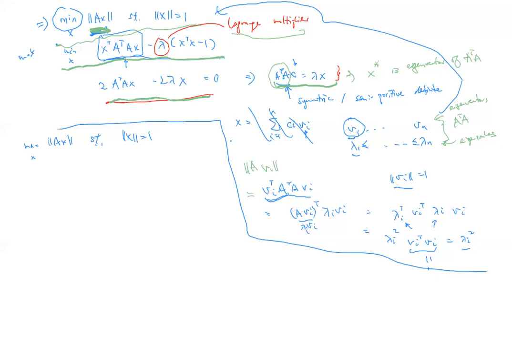The norm squared of something is just (A vi) transpose multiplied by A vi, so this is equal to vi transpose A transpose A vi.